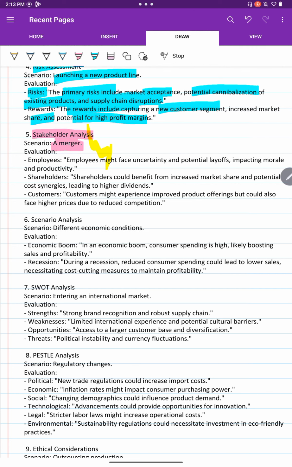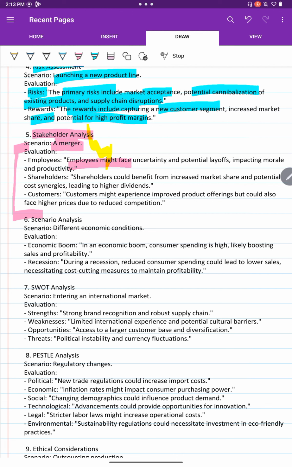In a merger, we evaluate, whether this is a horizontal or a vertical merger, what we will be doing and how the stakeholders will be reacting. We can talk about the different stakeholders, whether these are the employees, customers, or the shareholders.